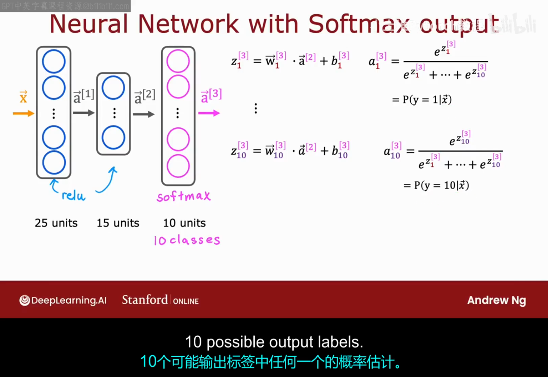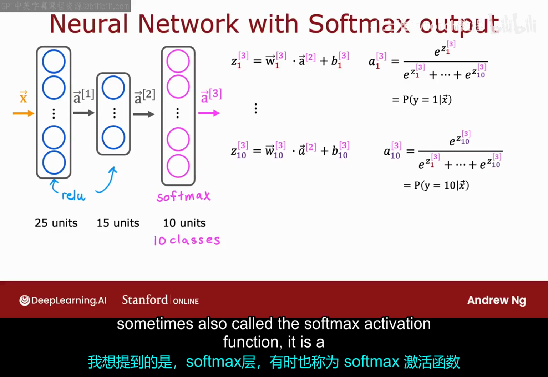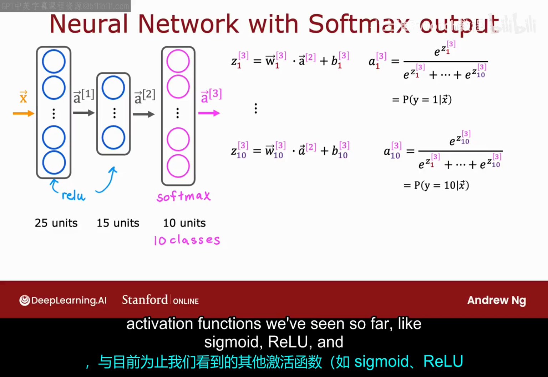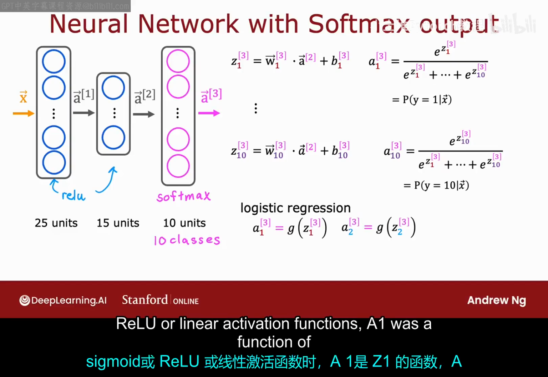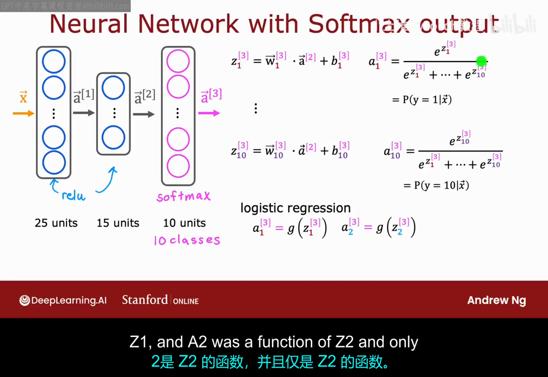I do want to mention that the softmax layer, or sometimes also called the softmax activation function, it is a little bit unusual in one respect compared to the other activation functions we've seen so far, like sigmoid, ReLU, and linear, which is that when we're looking at sigmoid or ReLU or linear activation functions, A1 was a function of Z1, and A2 was a function of Z2 and only Z2.